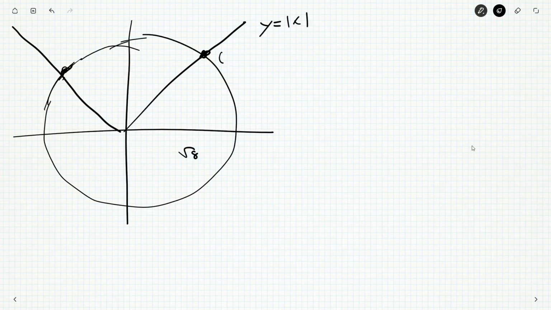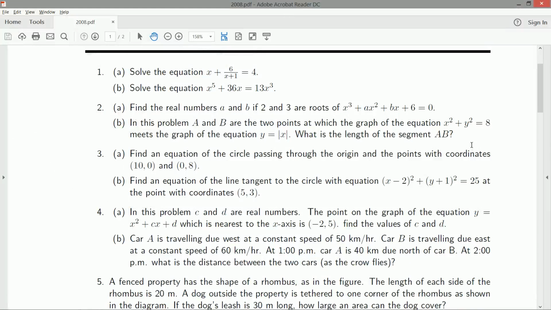So this over here we'll call A, and we'll call this one B. B is over here, so it's going to be a negative x value. But we need to get a positive y value. And what exactly did we want? We wanted the length of the segment AB.